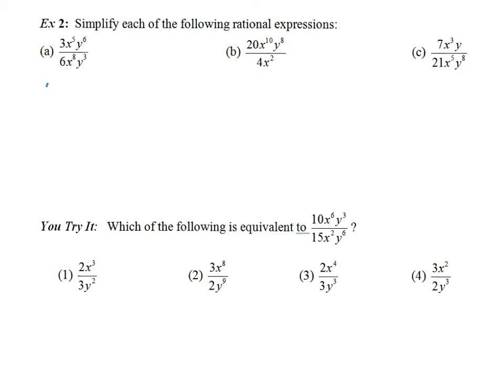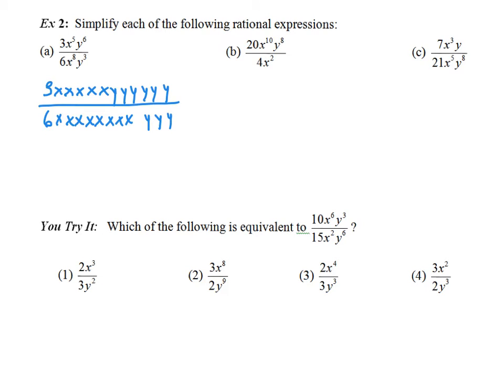So in the numerator I have 3, I have 5 factors of x, and I have 6 factors of y. In the denominator I have a 6, I have 8 factors of x, and I have 3 factors of y.